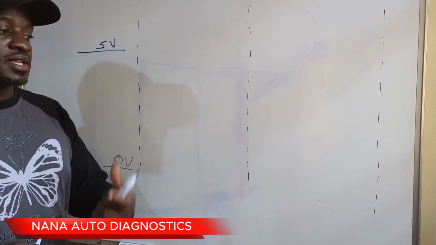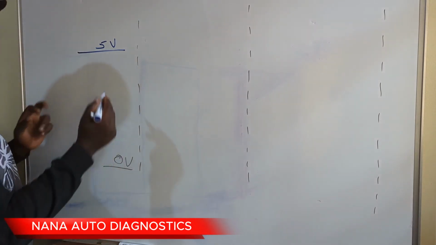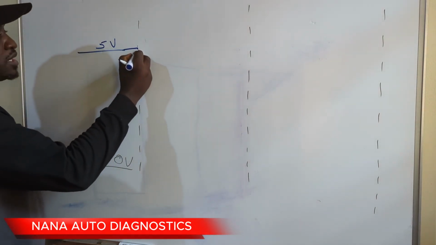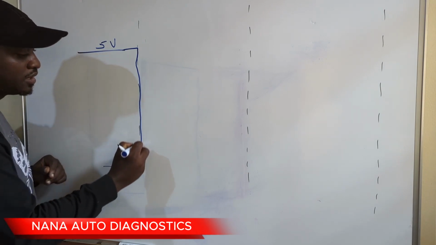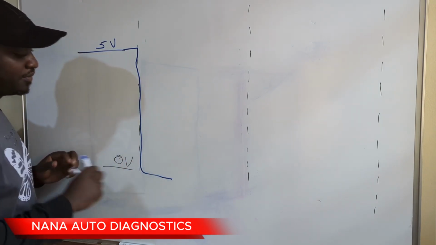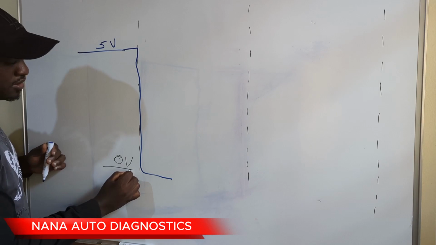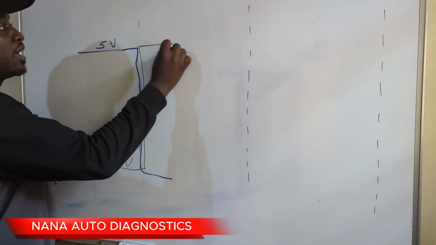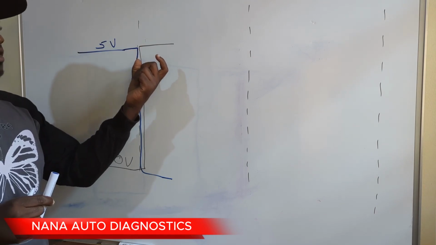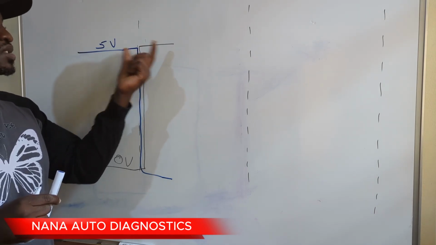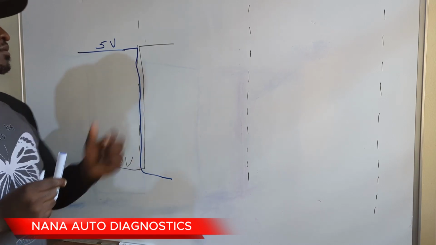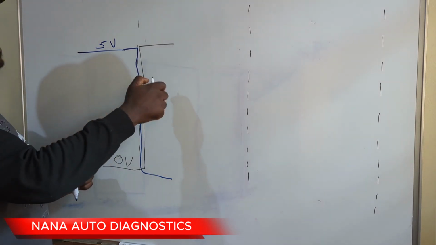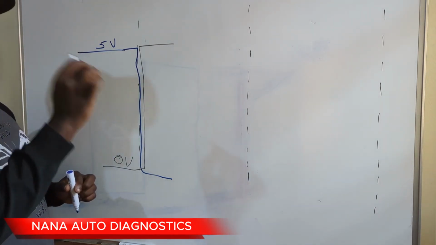And what happens is, the 5 volts is going to be pulled down, and the 0 volts is going to be pulled up. Now, the duration this pulse will stay active will determine whether you're transmitting a 1 or a 0.